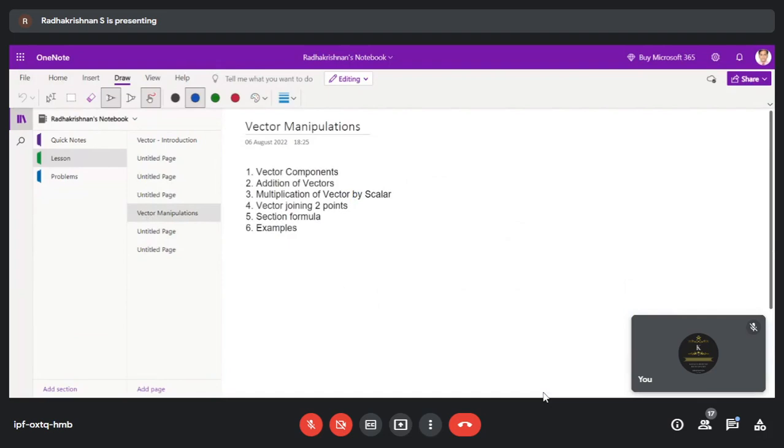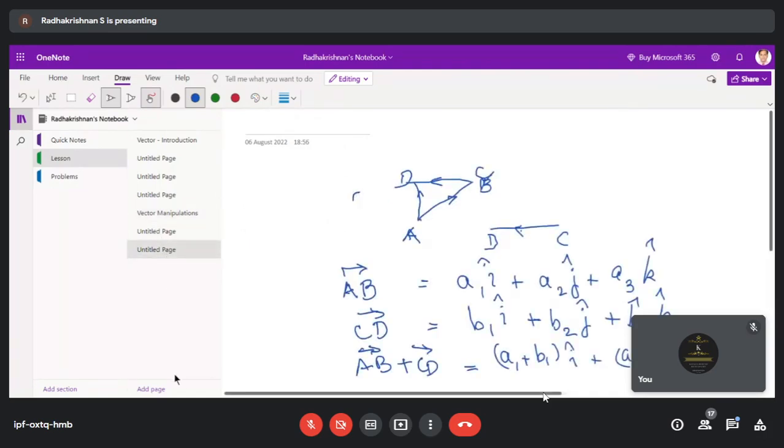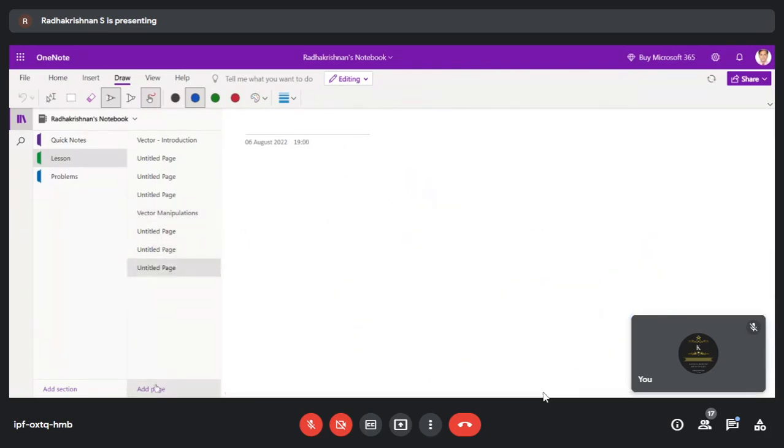Next, multiplication of a vector by a scalar. I will go to another page. Now there is a vector A equal to, let us say, 2i plus j plus 3k, and we want to multiply this vector by a scalar, let us say 5.